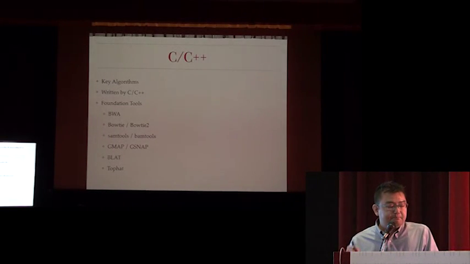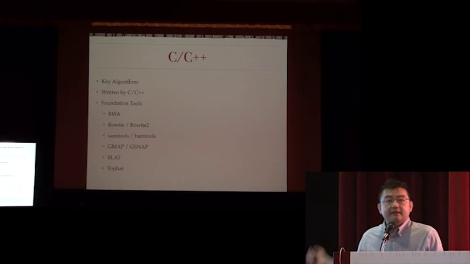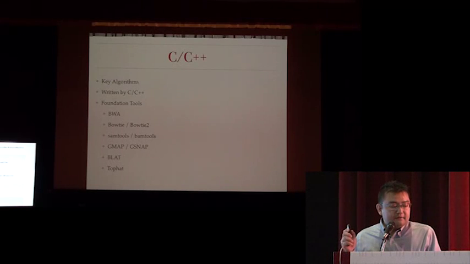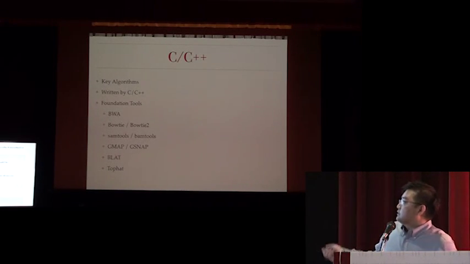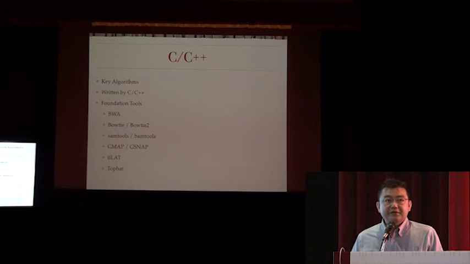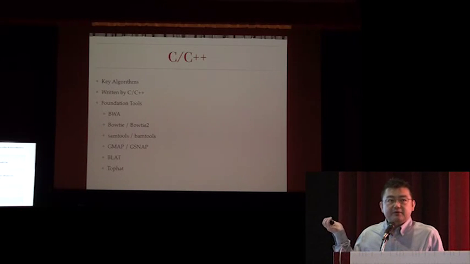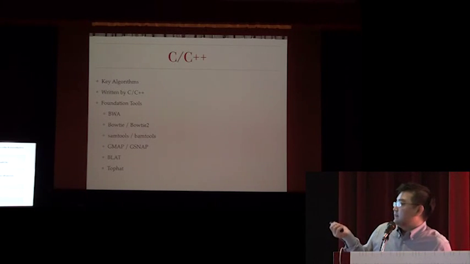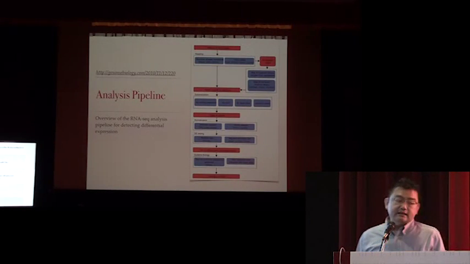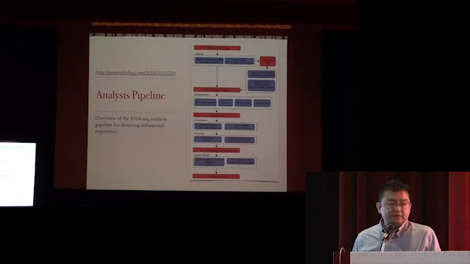We have some popular foundation tools written in C and C++. And each of them uses many important key algorithms for bioinformatics. So if you are a C programmer, and if you are interested in algorithms, maybe you can write tools for us. And this is another pipeline used for RNA sequencing.